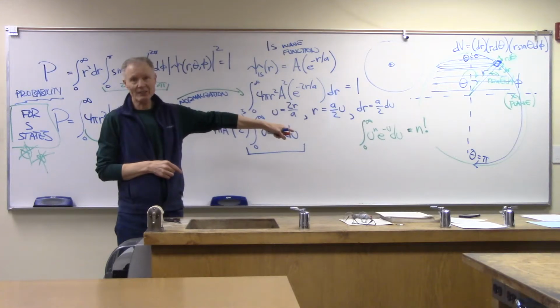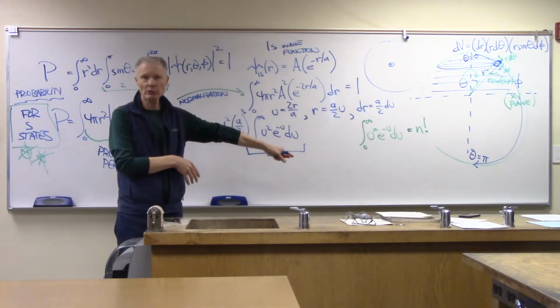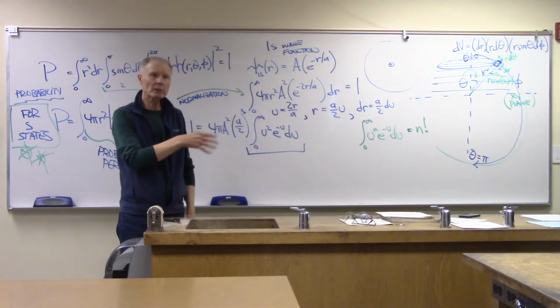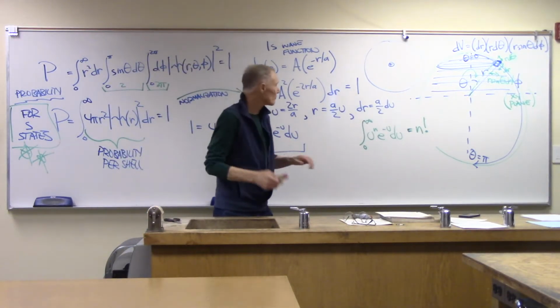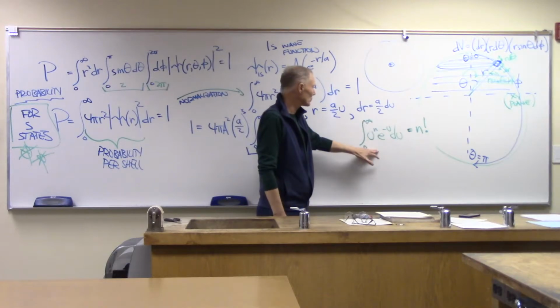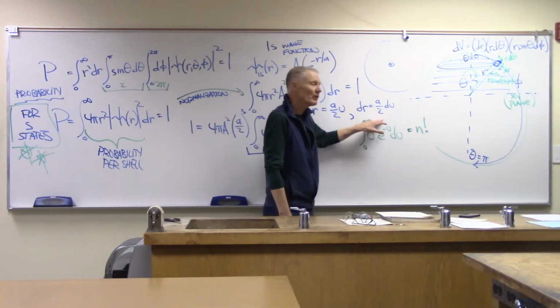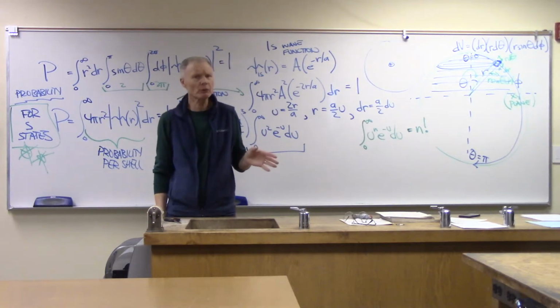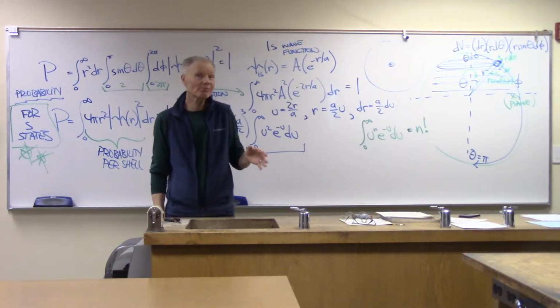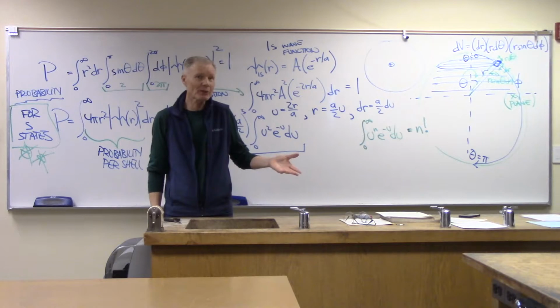That's a really handy formula. We work with power functions times, or polynomials times exponentials all the time. Now, a warning, it only works for 0 to infinity. If it doesn't go from 0 to infinity, those surface terms in the integration by parts, they don't go away. So sometimes you just have to do integration by parts.